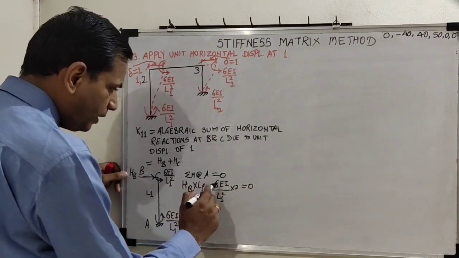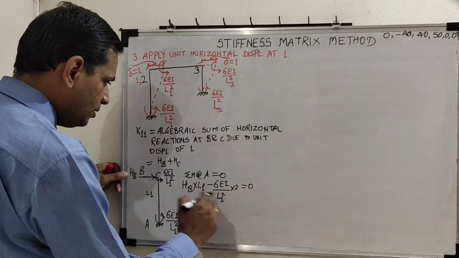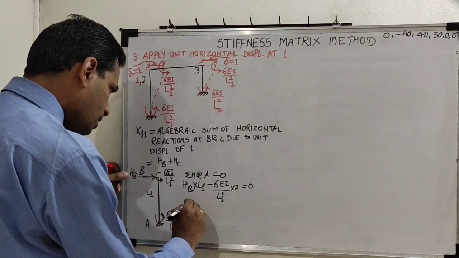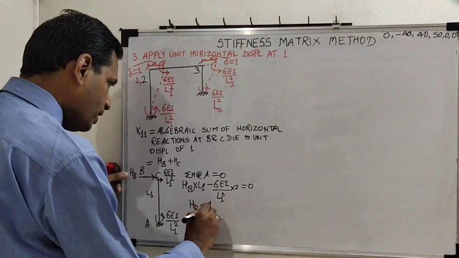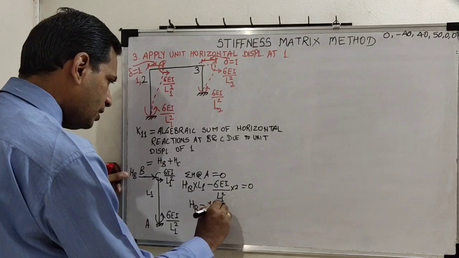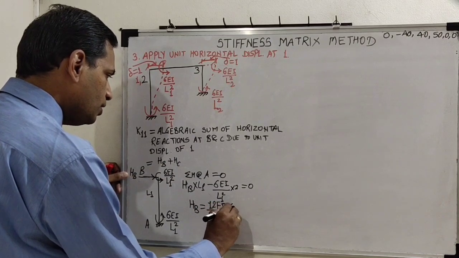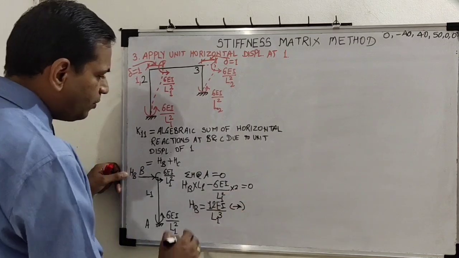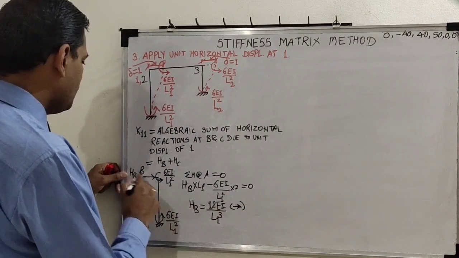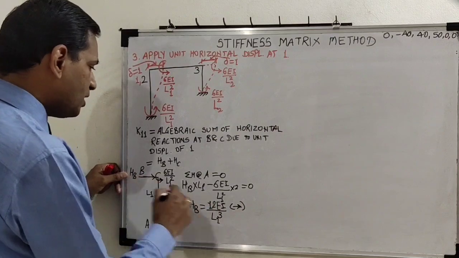So this is minus 12EI upon L1 square. So HB is 12EI upon L1 cube. This horizontal reaction in the calculations comes out positive. It means my assumed direction towards right is correct.